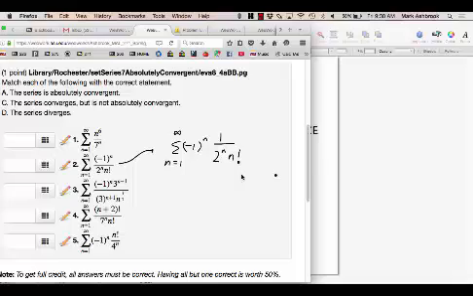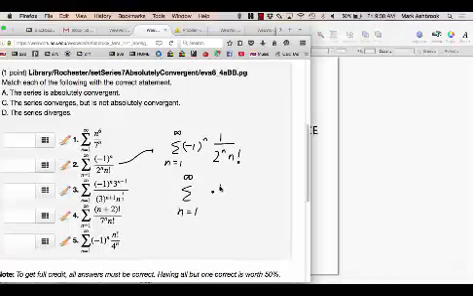So now the question is, is it absolutely convergent? To do absolutely convergent, we're going to look at this series. Is that convergent? What I see right away, look at this, 1 over 2 to the n.